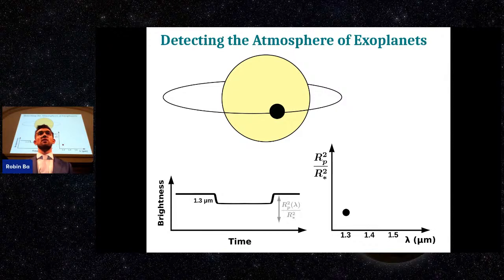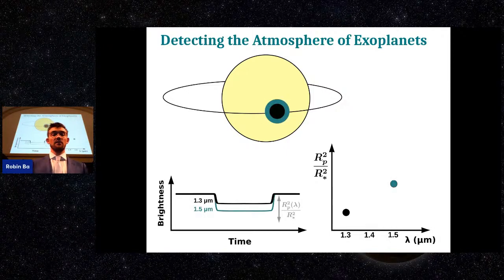Now we can repeat this exercise for a different wavelength. You can look, for example, at light of 1.5 micron, and then the planet might look a little bit different because there are chemicals that interact with this 1.5 micron wavelength. You see that the transit depth has increased a little bit, and we have to mark our dot on the right diagram a little bit higher.